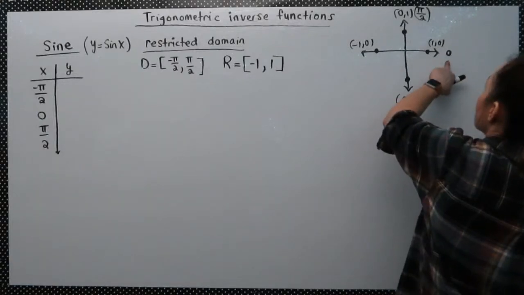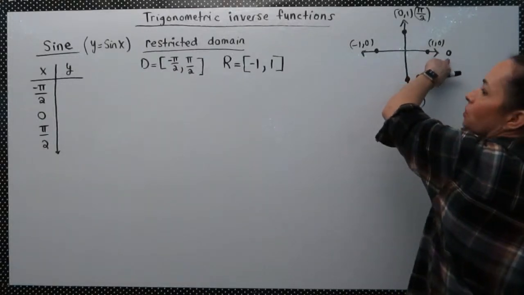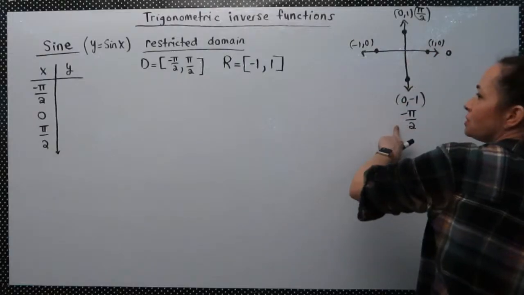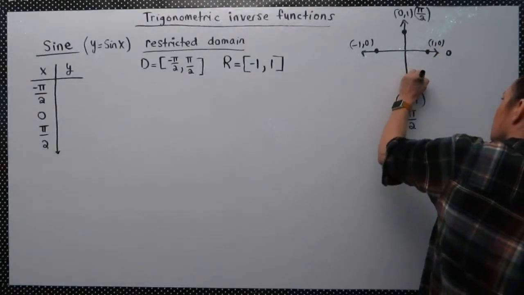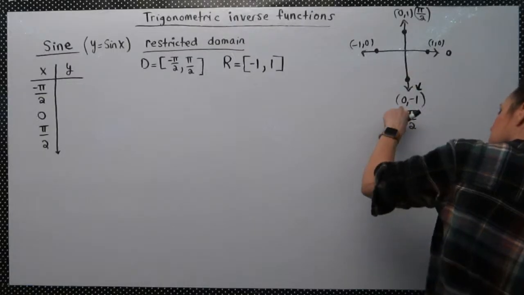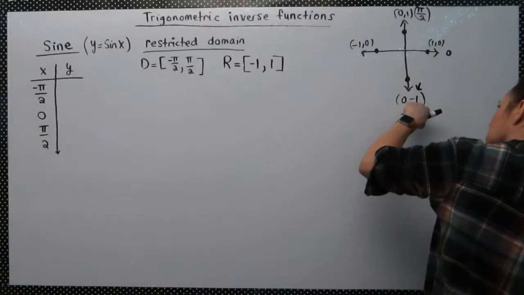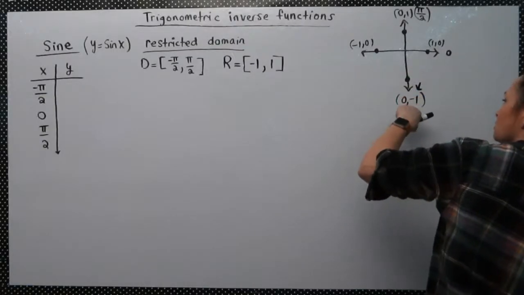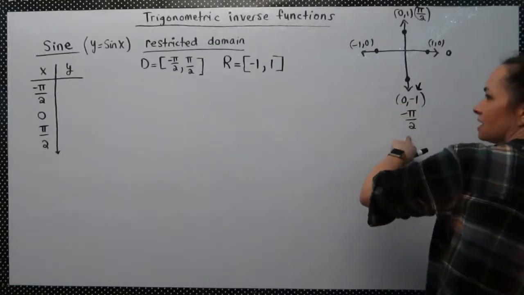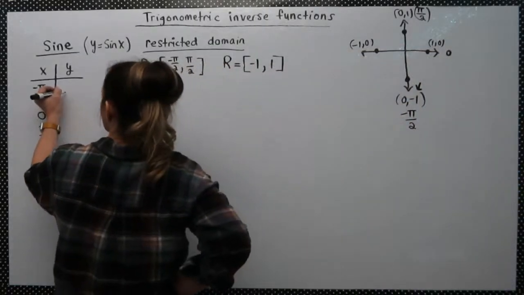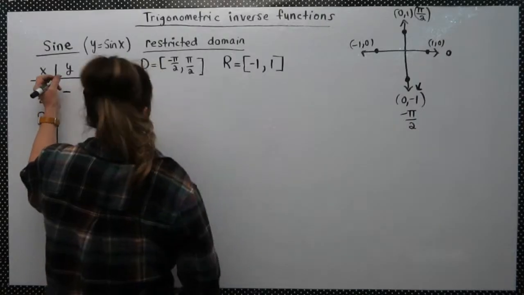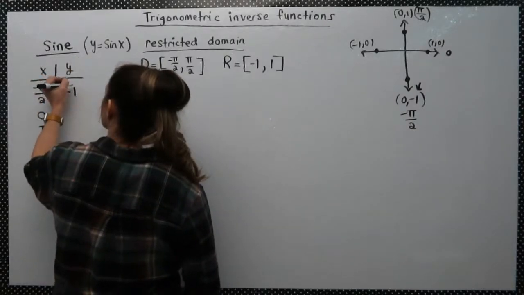More importantly, at negative pi over 2, recall the cosine is the x component and the sine is the y component on the unit circle. So we have a value of negative 1 at negative pi over 2, so sine is negative 1.